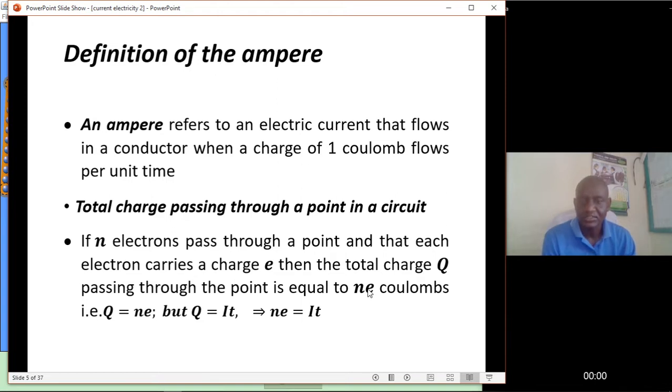So if we want charge, it is I multiplied by t, the rate at which they flow, multiplied by time.